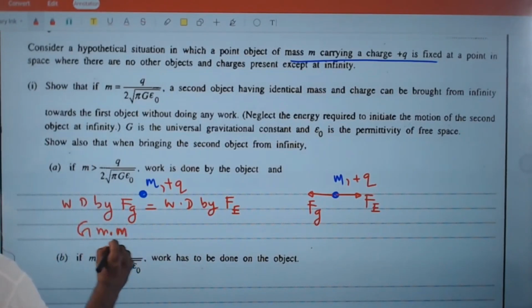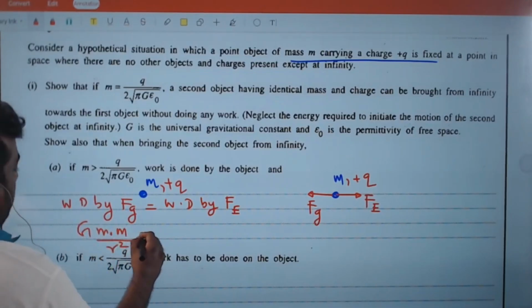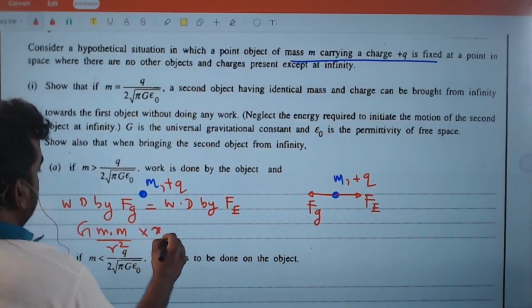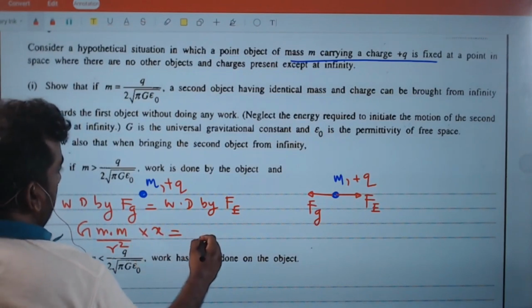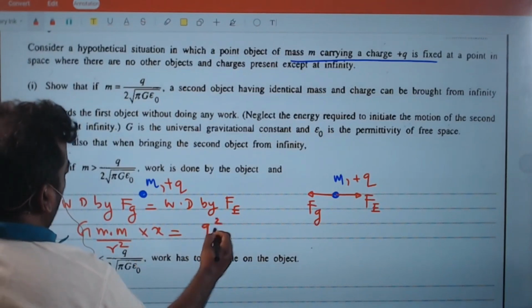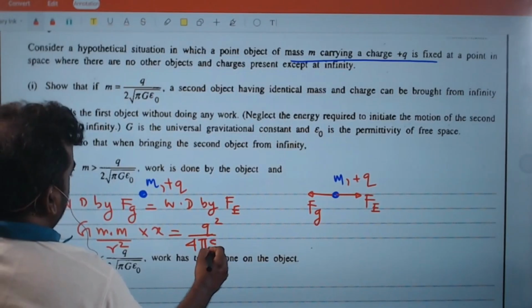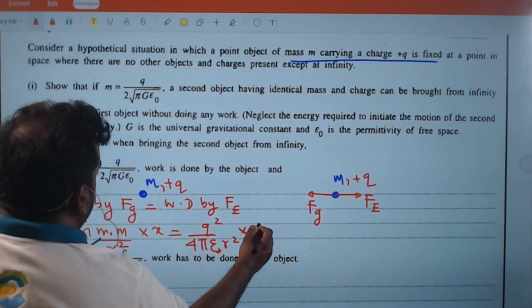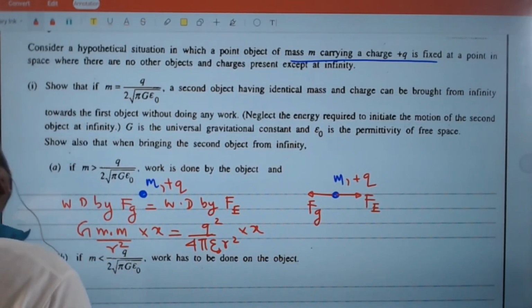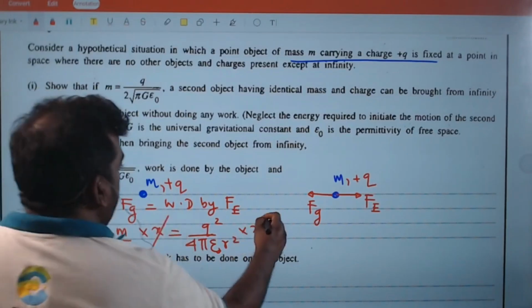The gravitational force is capital G times M times M over r squared, times, let's say, x. Here the electric force is q squared over 4 pi epsilon naught r squared, times the distance delta. Simplify the relationship, x cancels off.